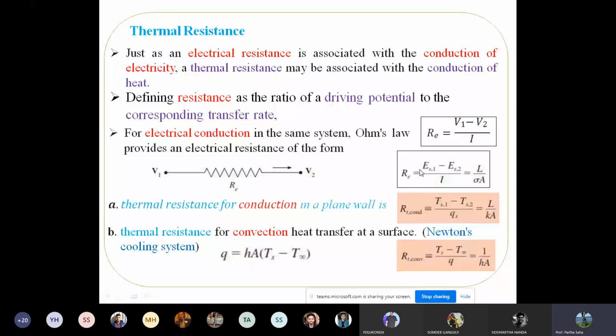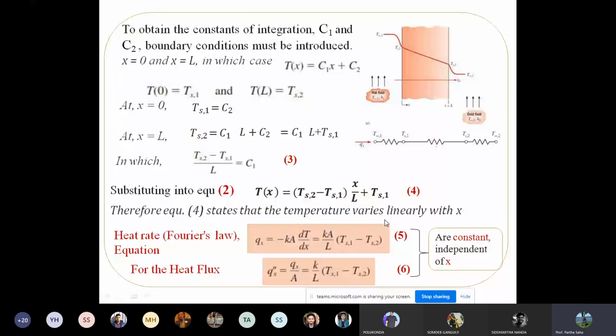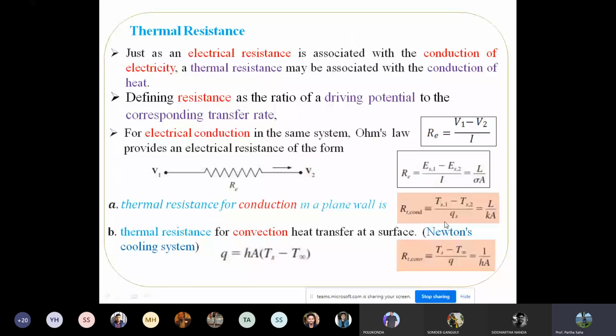If you remember the heat transfer equation, Qx = kA(Ts1 - Ts2)/L. Here k is the thermal conductivity, and kA/L is equal to the thermal conductance. Similarly, the reciprocal of this will be the thermal resistance.